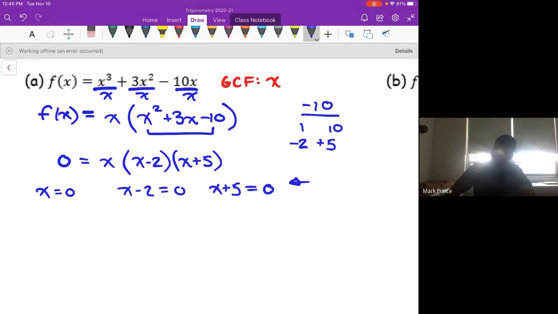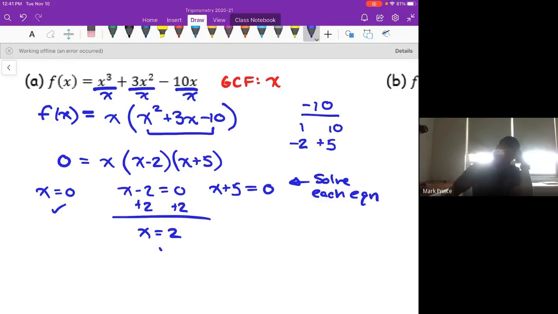And from here, we're going to solve each equation. So x equals 0 is done. I'll add 2 to each side for this other equation, so we get x equals 2. Now I'll subtract 5, so we get x equals negative 5. And that's done.